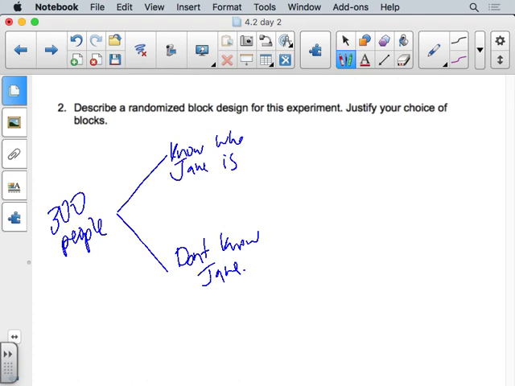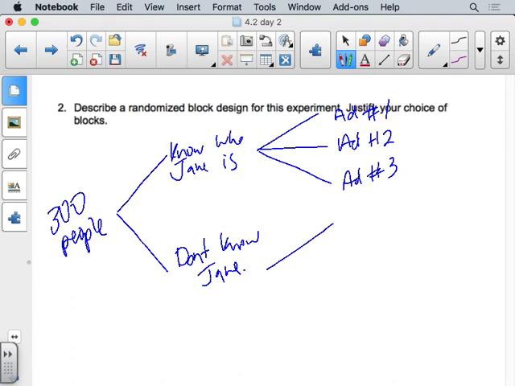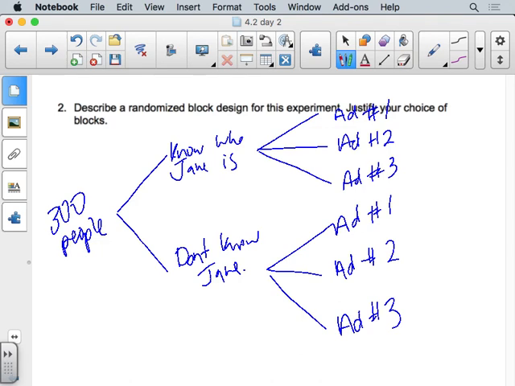So, whichever one. And then within each block, I'm going to do ad number 1, ad number 2, ad number 3. And then same thing down here: ad number 1, ad number 2, and ad number 3.